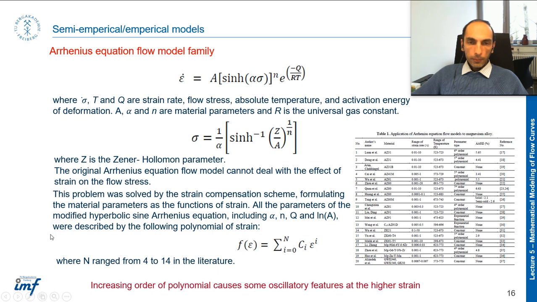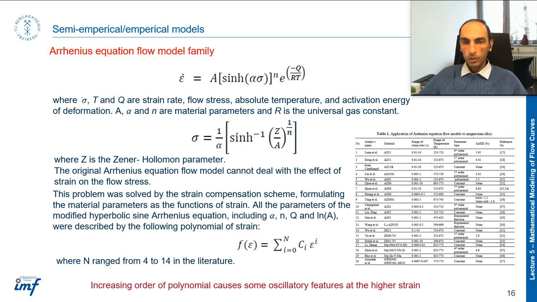So some polynomial equations for the strain are given in this form, and these parameters are used in the equation. So now the equation is a function of strain also.